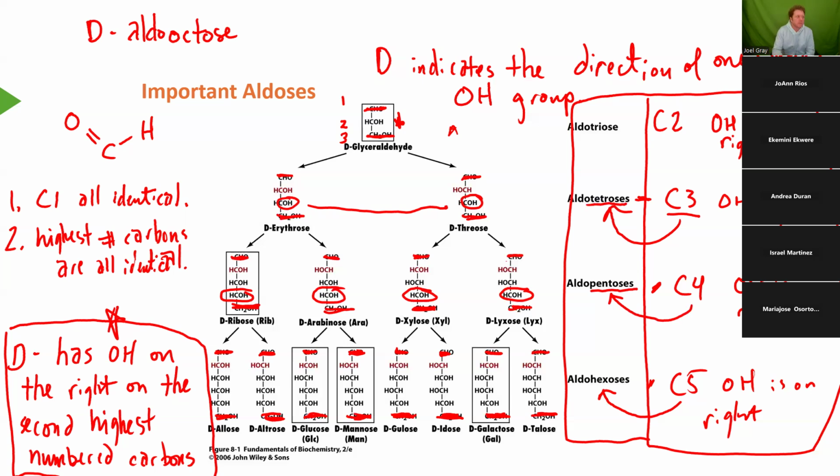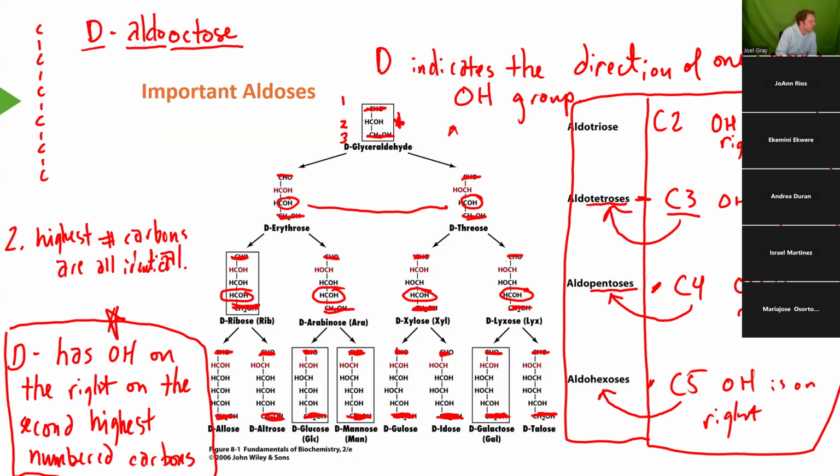And what I'm getting at is with this name, D-aldo octose, here's what you would be able to put money on as I know I can draw this and I can draw it with confidence. 1, 2, 3, 4, 5, 6. Oh man, I didn't give myself a lot of space. Okay, so that's 3, 6, 7.